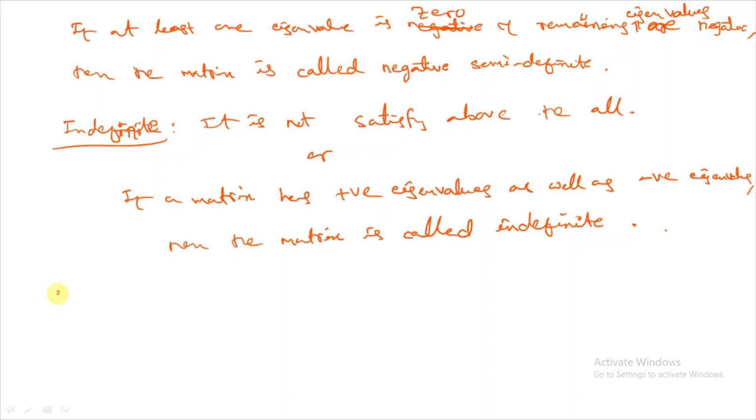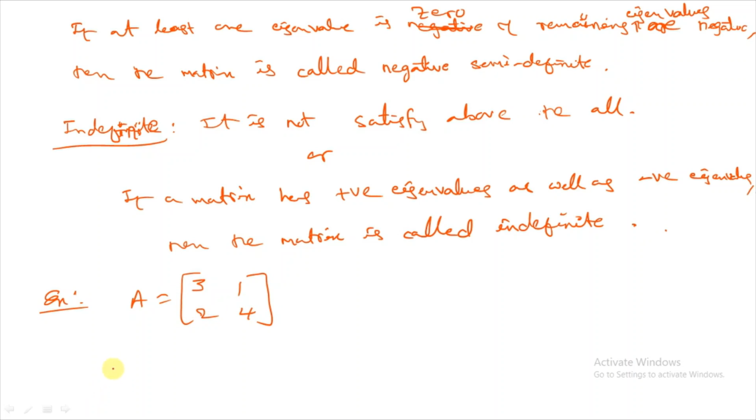Suppose we take an example. Now, is this positive definite or negative? A = [[3, 1],[2, 4]]. We can check in three ways. First, check whether the quadratic form x transpose A x is positive or not.